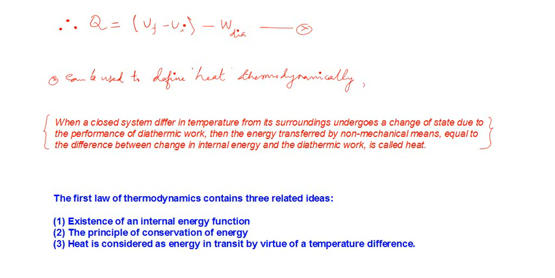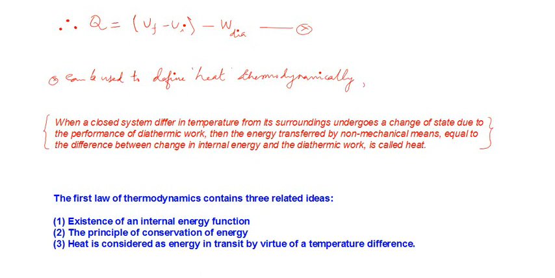Earlier we defined heat as something which flows due to temperature difference between a system and a surrounding. Now we have a very precise definition of heat in terms of the change in internal energy of the system. Let's see how it is defined.